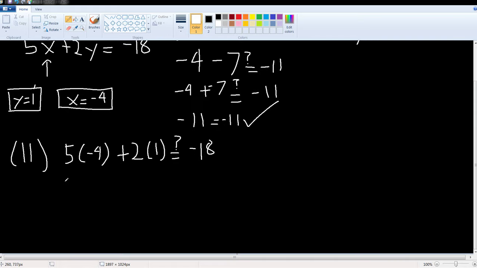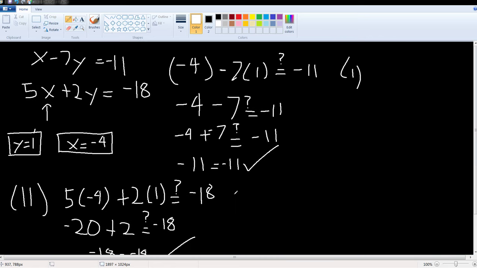We don't know yet. -20, right? 5 times -4 is -20, plus 2. 2 times 1 is just 2. This is equal to -18. -20 plus 2, that means we're going to move 2 steps in the positive direction. And we get -18 on the left side and -18 on the right side. Hence, we did get our correct answers: x equals -4, y is equal to 1.